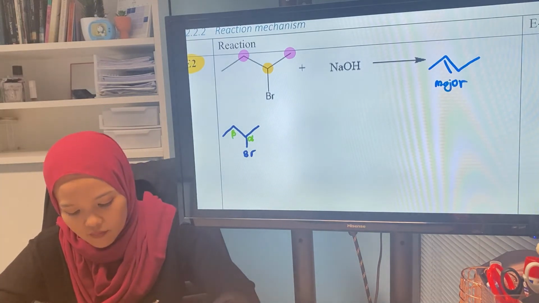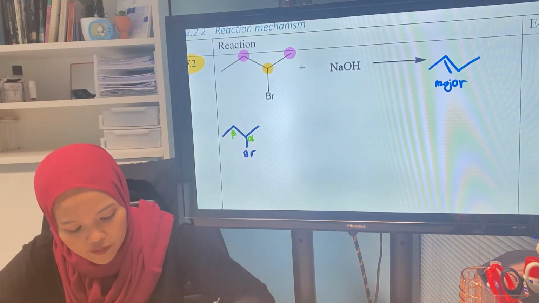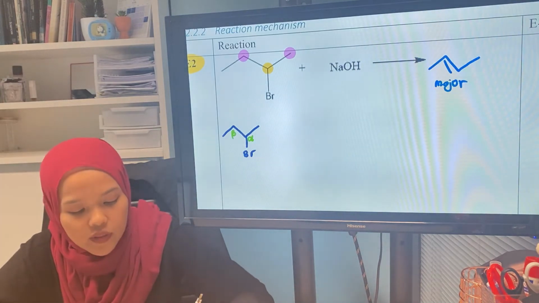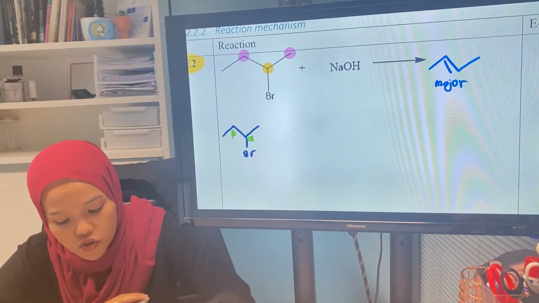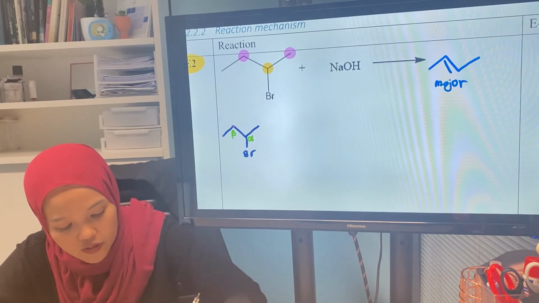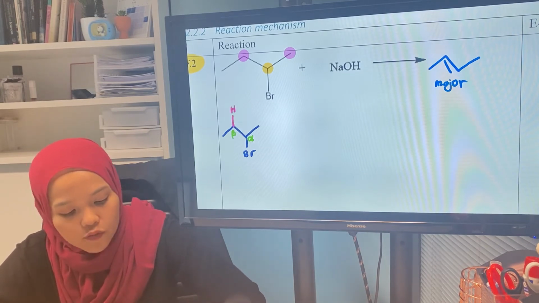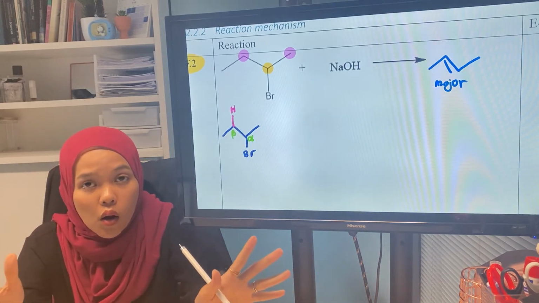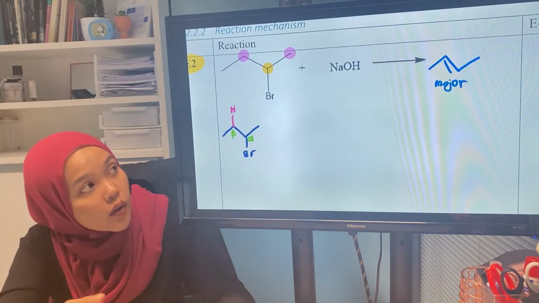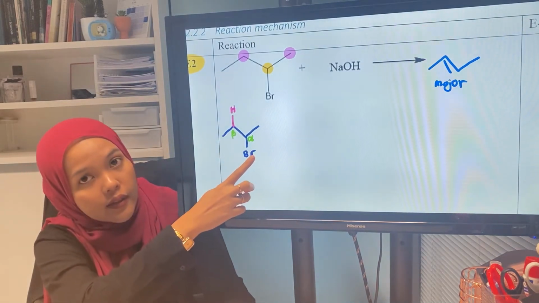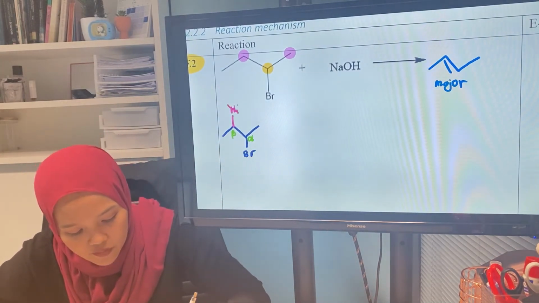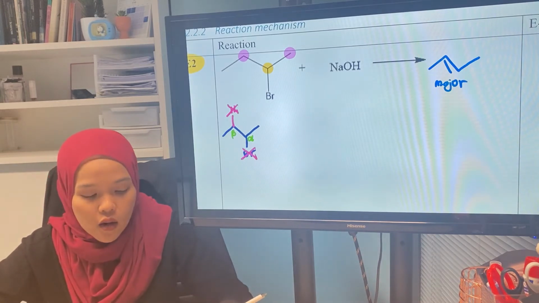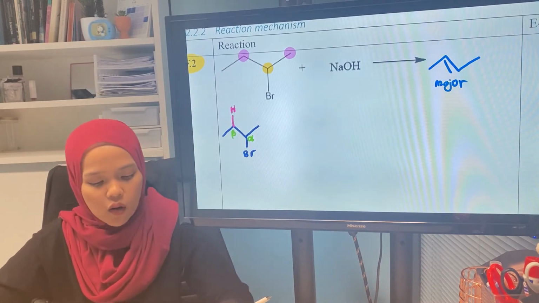So you are going to have this one, and you are going to remove the beta hydrogen. It is best if you can show the beta hydrogen, so I will just show one of them. Actually, there are two beta hydrogens there, but you don't need to show all, because the one that you want to remove is only one here and one here, correct? You are going to remove this one and this one to form this product. So no need to draw all.